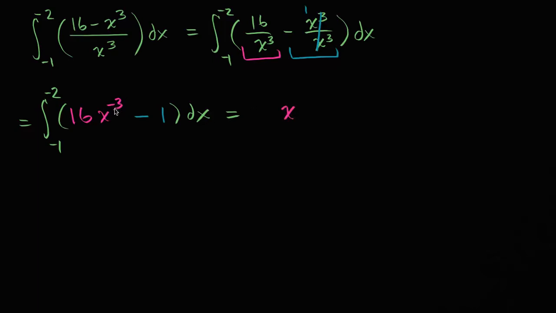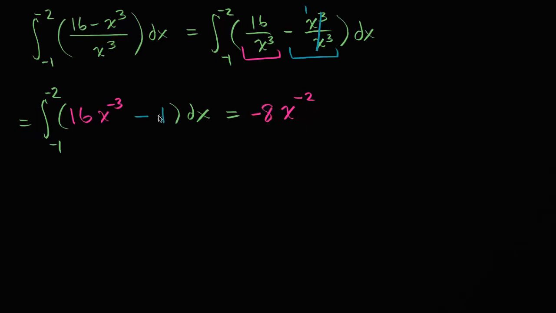So you're going to go from -3 to -2, and then you're going to divide by that amount, by -2. So it's going to be 16 divided by -2 times x to the -2. All I did is I increased the exponent and I divided by that amount. So that's the antiderivative here. And 16 divided by -2 is just -8. So we have -8 x to the -2.